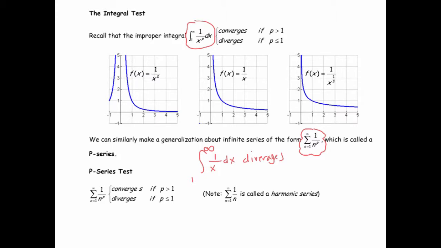It's not so easy to do when you're adding up discrete sums like this, but that diverges, and that's going to imply that this guy, 1 over n to the 1, which is like its discrete analog, also diverges.